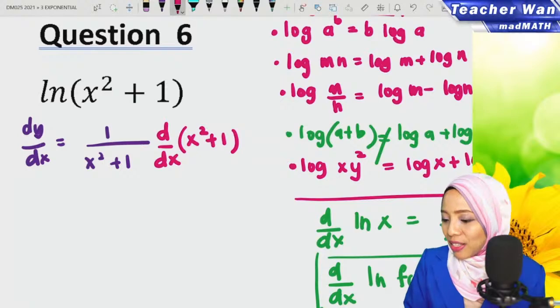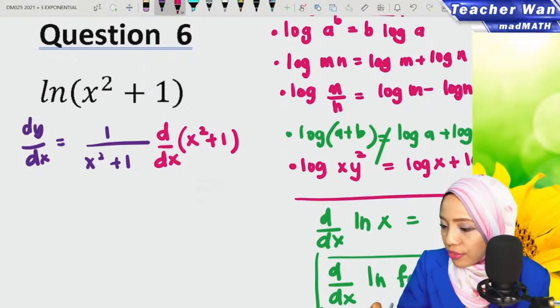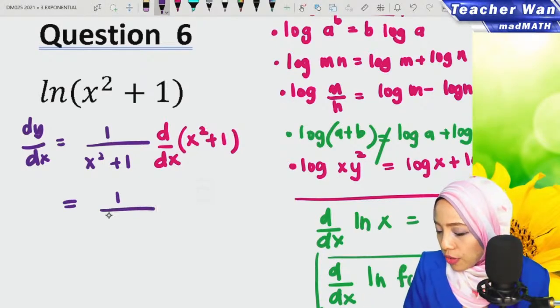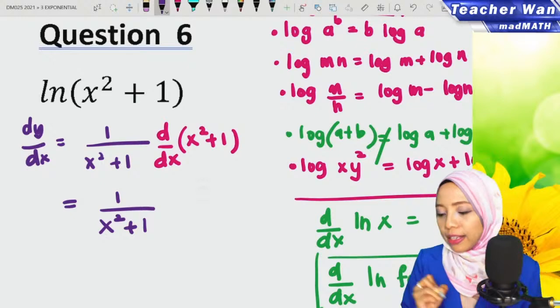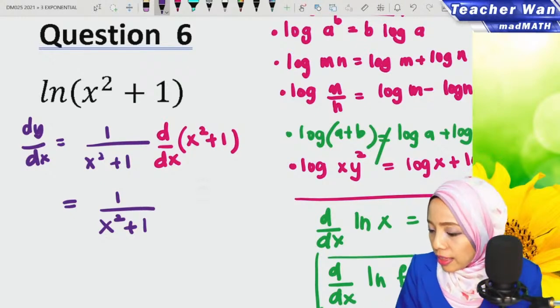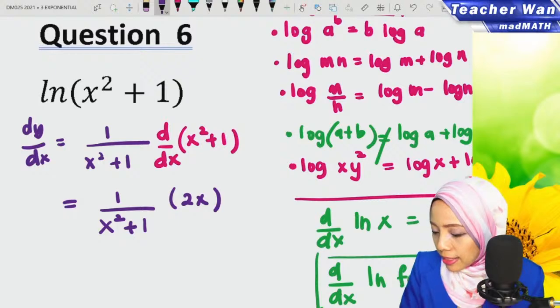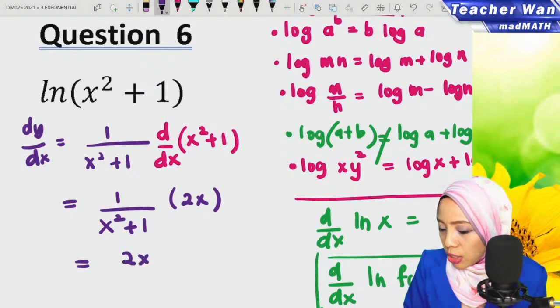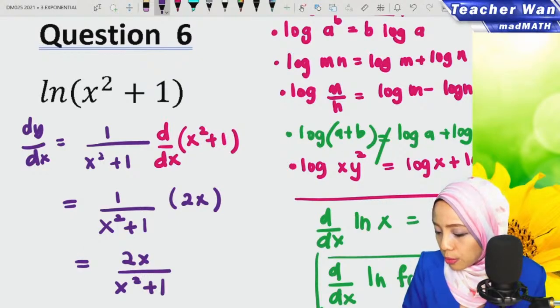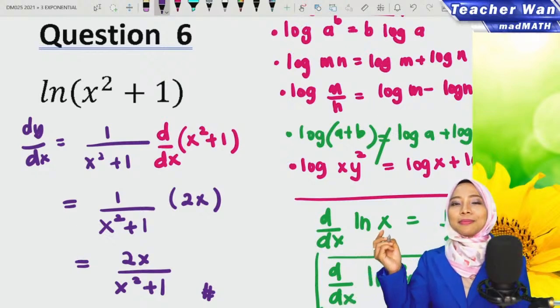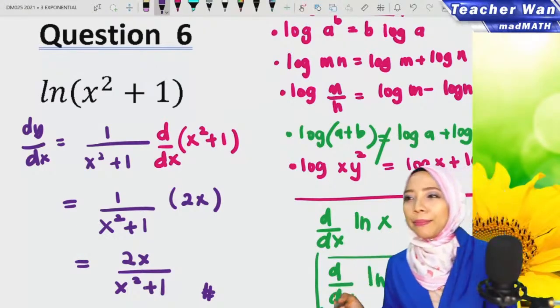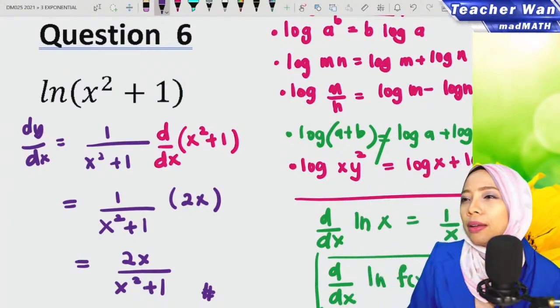The 1 over x square plus 1, you just copy. And the derivative of this is equal to 2x. Then you just rearrange: 2x over x square plus 1. Done. Okay, easy?